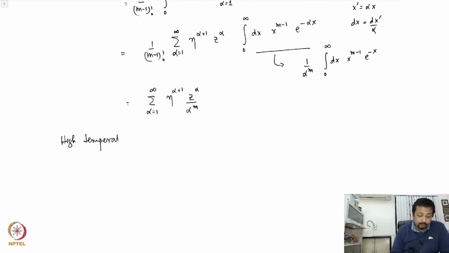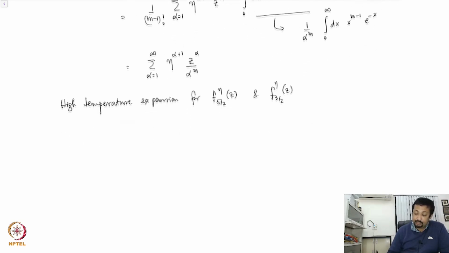which we just worked out, for f 5 half eta of z and f 3 half eta of z is the following.